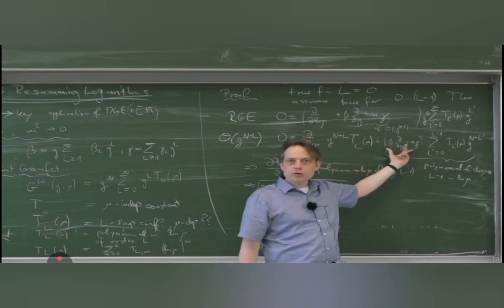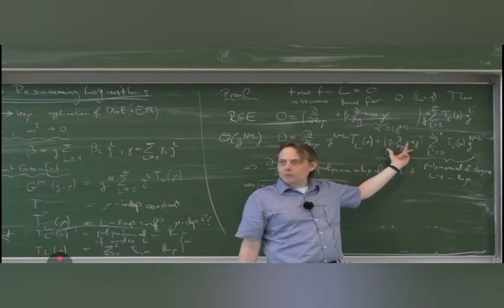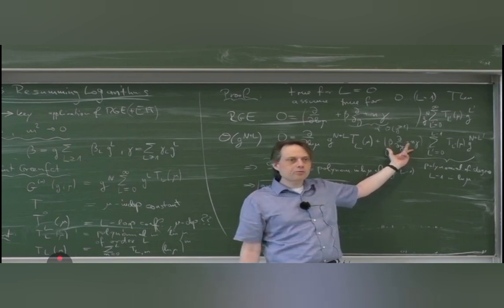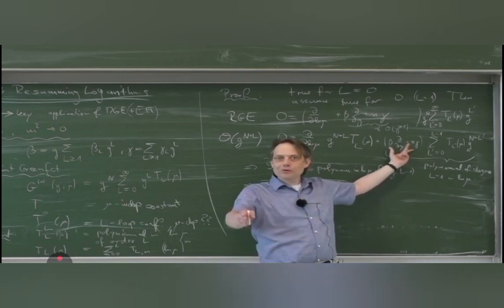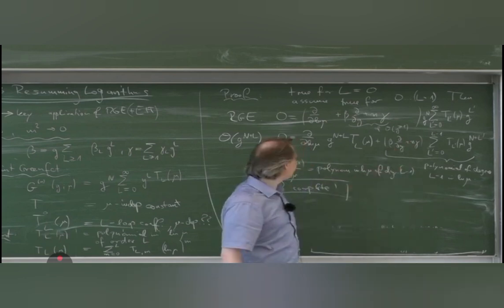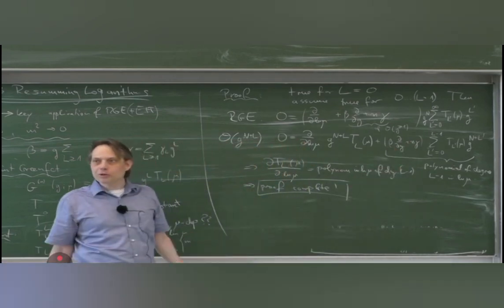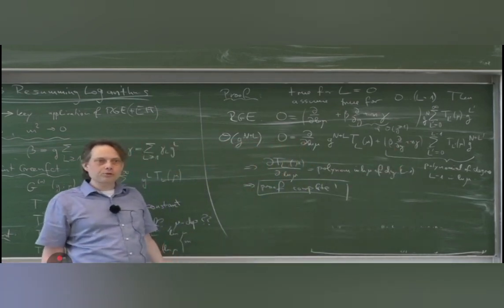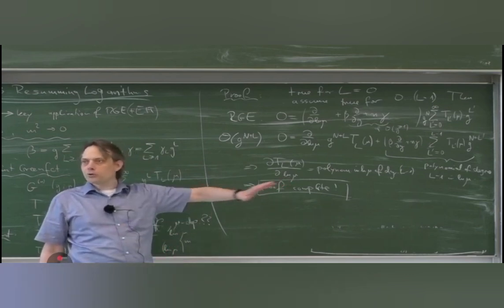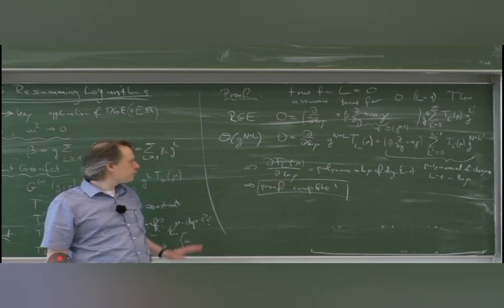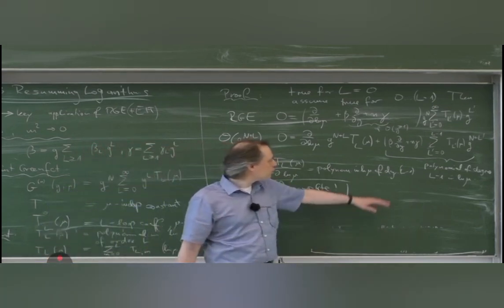There is just one little detail which is not determined by the lower orders. Who can see the detail which is not determined? The constant. So the mu-independent part is not determined by lower orders, but the entire log mu dependence at higher order is determined by lower orders if you know the mu-independent part.